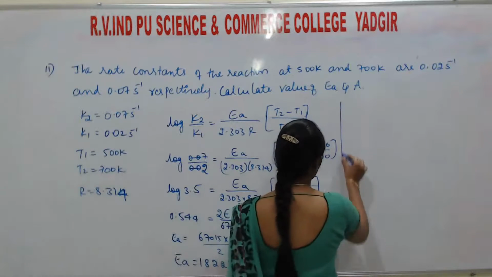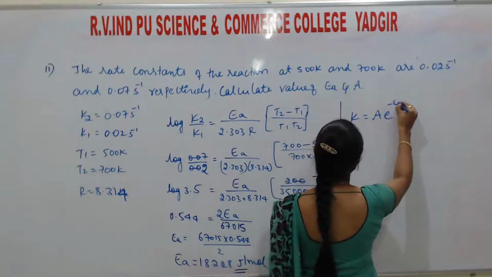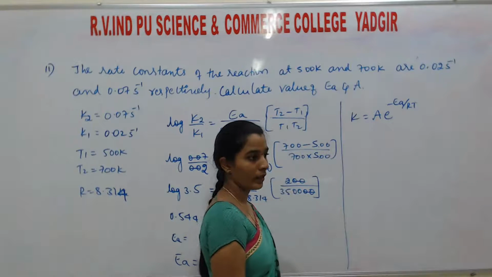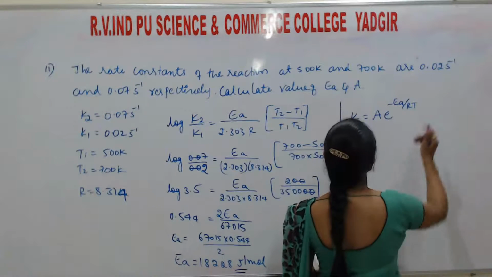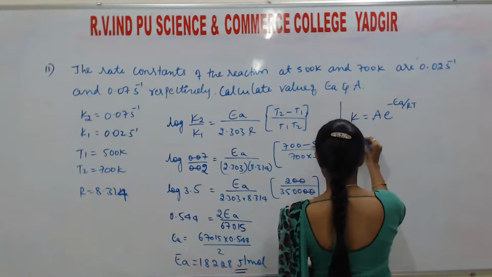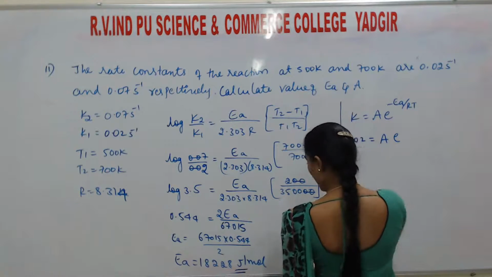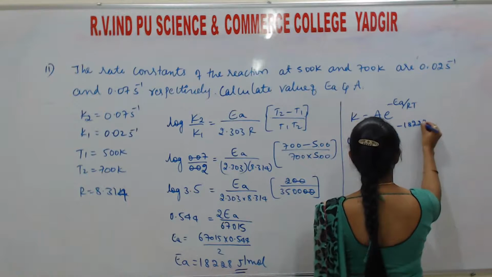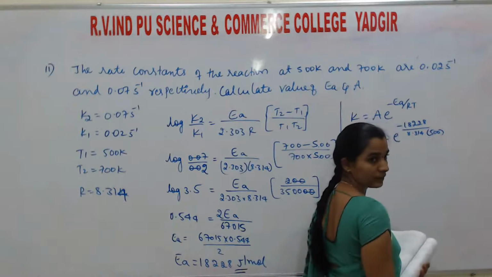Now we have the relationship K is equal to A e to the power of minus EA divided by RT. Correct? So consider 0.02. 0.02 is equal to A e to the power of minus 18228 divided by R, that is 8.314, into T initial, which is 500.